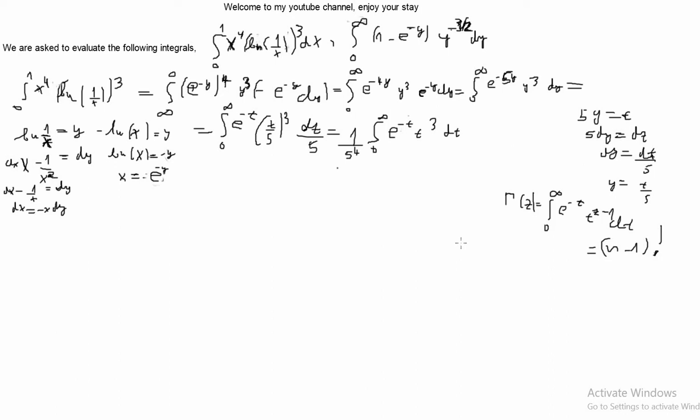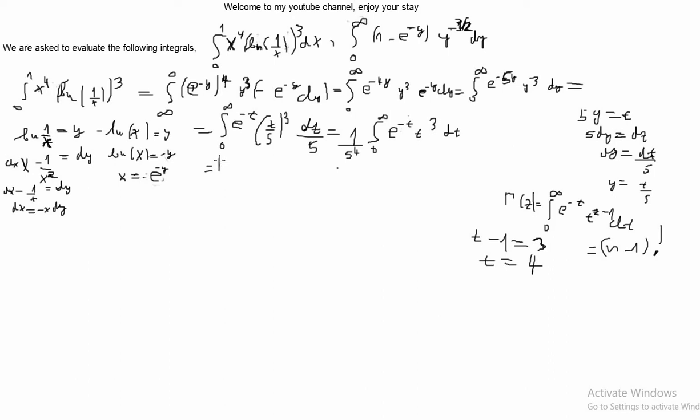Z minus 1 equals 3. This is the form for which it is defined, and we have the degree of 3. So we just make a basic equation and solve for z. It is 4. So we have the gamma of 4 actually.